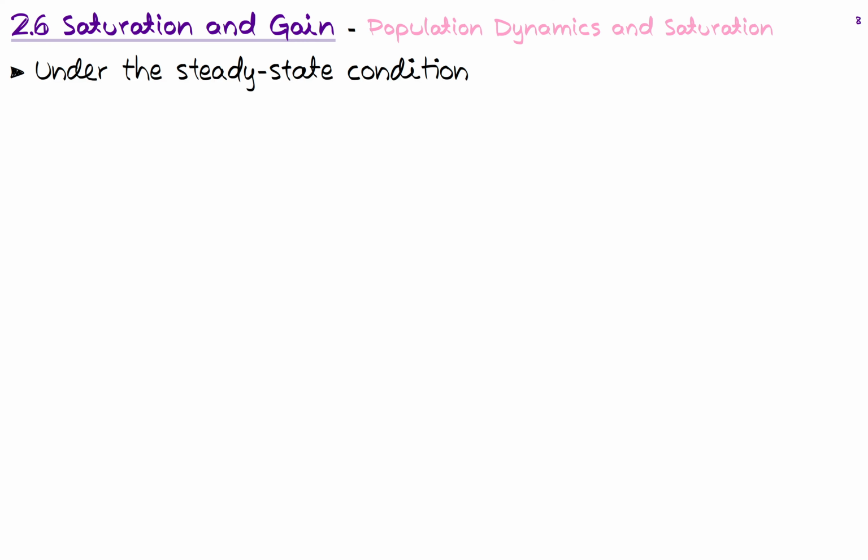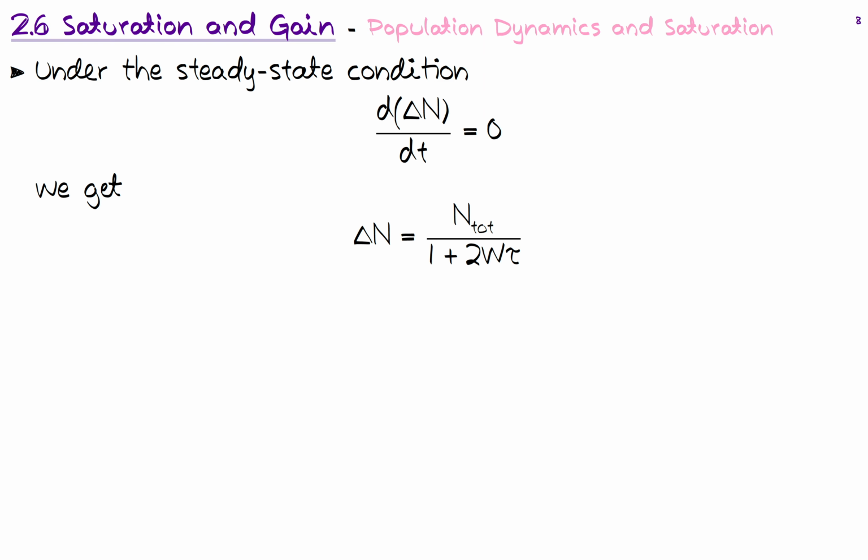Now let's consider a steady state case. If this time derivative of the population inversion is 0, we can write that the population inversion delta N equals N tot divided by 1 plus 2W tau.